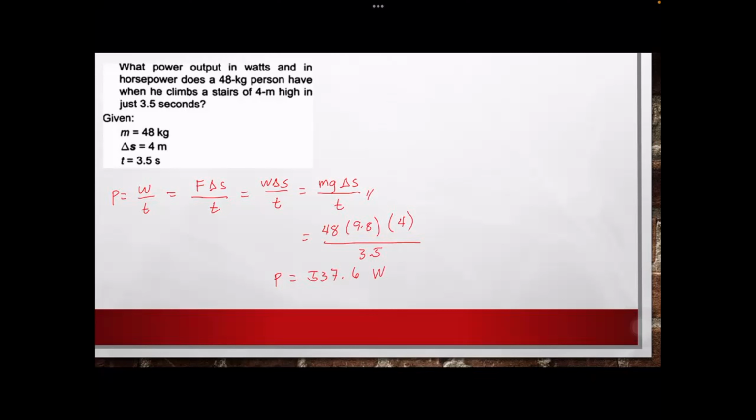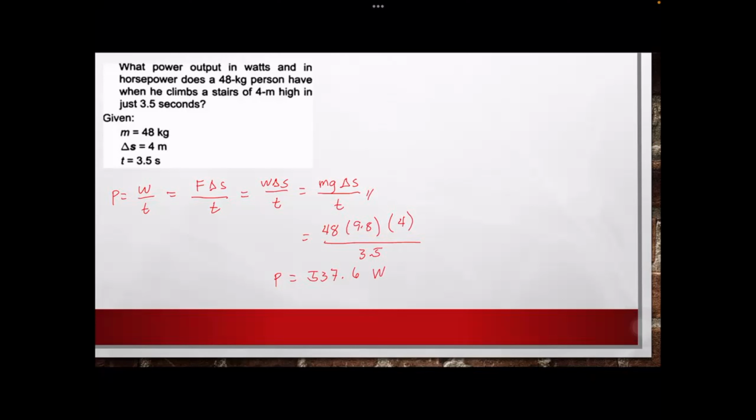Now, may tanong dito na sabi is in horsepower. Narinig nyo na ba itong horsepower? Sa pagbibili ka ng aircon, meron dyang 1 horsepower, 0.6 horsepower. Ito yung lakas.